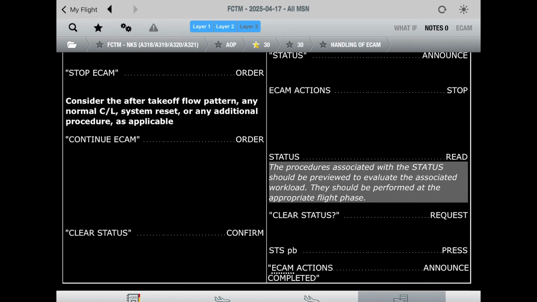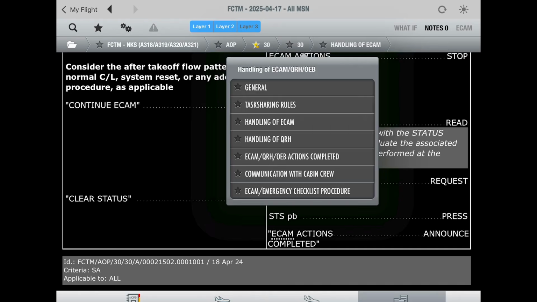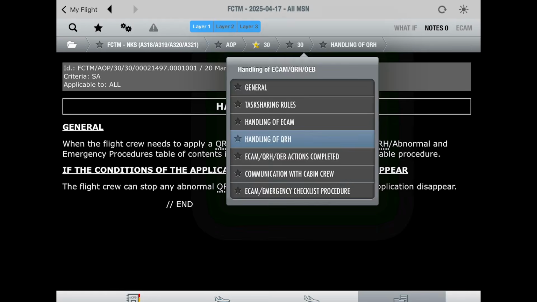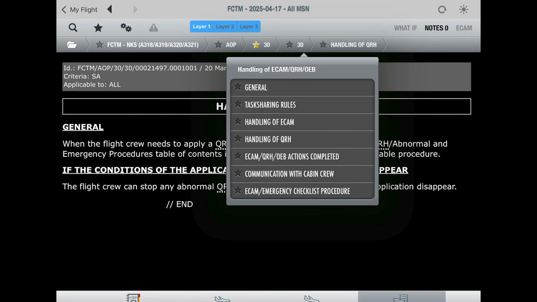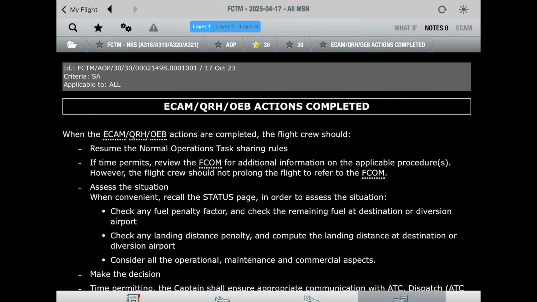Once ECAM actions are complete, please continue on to Handling of QRH, and finally, ECAM, QRH, OEB actions completed. We recommend you have Layer 3 selected.